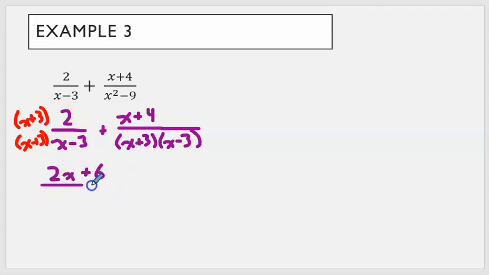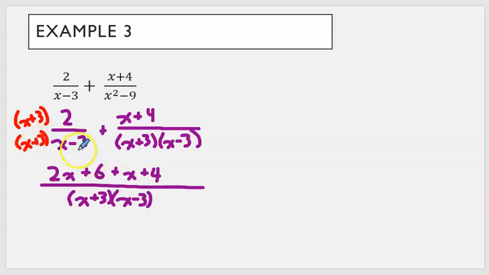But I'm already at the point where this is all going to be one common denominator now because I can see this is x plus 3, x minus 3, and this is x plus 3, x minus 3. So I'm just going to go ahead and show that the numerators are being added at this point. So I can make the second fraction just fill in right next to this. So it was going to be a plus x plus 4.